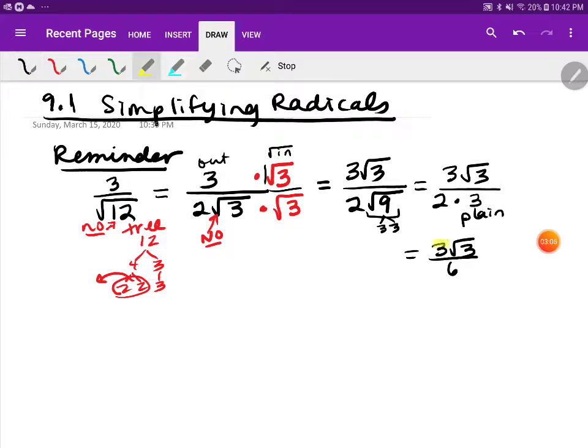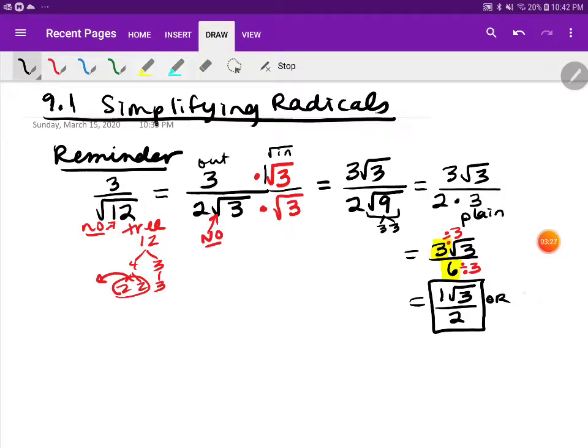Now normally that would be the end, but we got an outside outside, and both of those outsides have a common factor. So what would I divide this one by to get the final answer? Divide this one by 3, divide this one by 3, and we get 1 radical 3 over 2. This would be the answer.